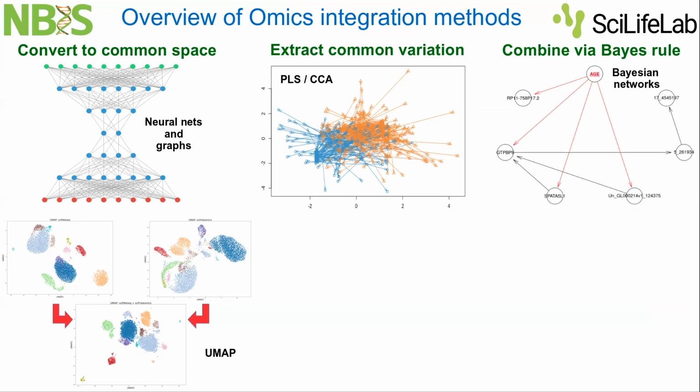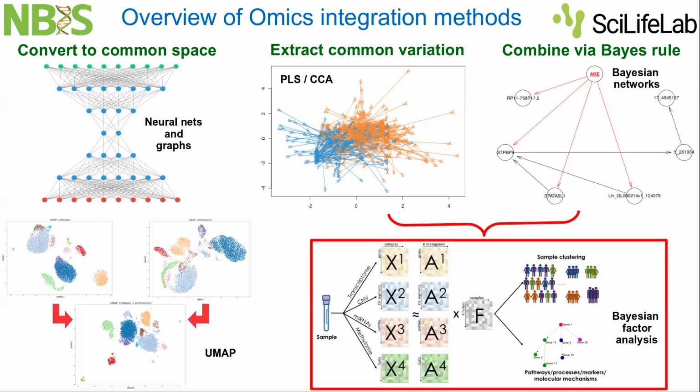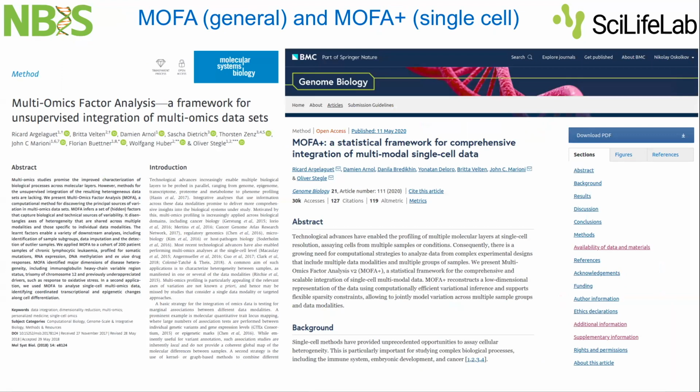But it has its own challenges, some computational burden, etc. One of the hybrids between canonical correlation analysis and Bayes' rule became especially successful and popular in single cell, and it was MOFA, which is also popular in bulk analysis. I'll briefly explain MOFA.